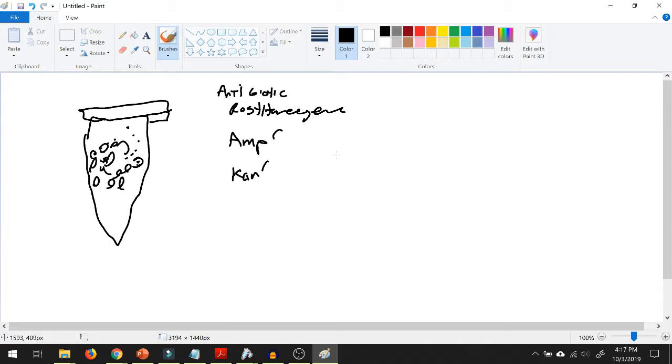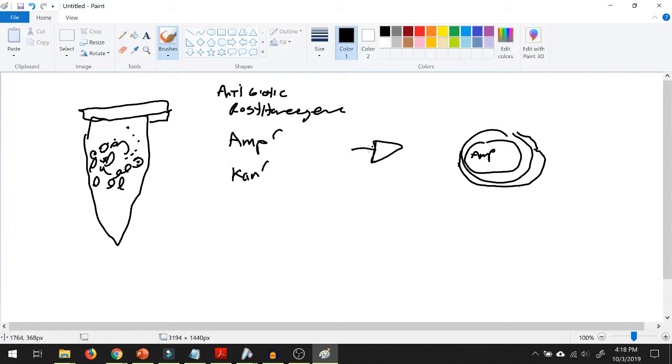So what you do is after you add the DNA and mix it with the bacteria, you put it in media, generally a Petri plate that has some antibiotic in it, right? Ampicillin.